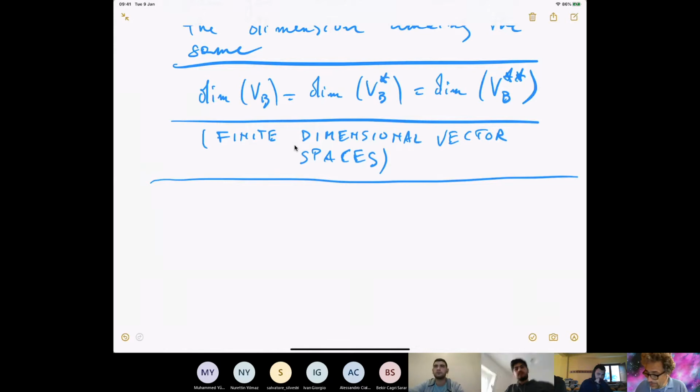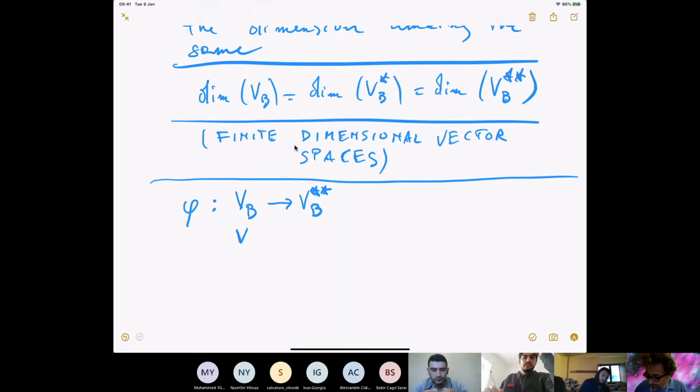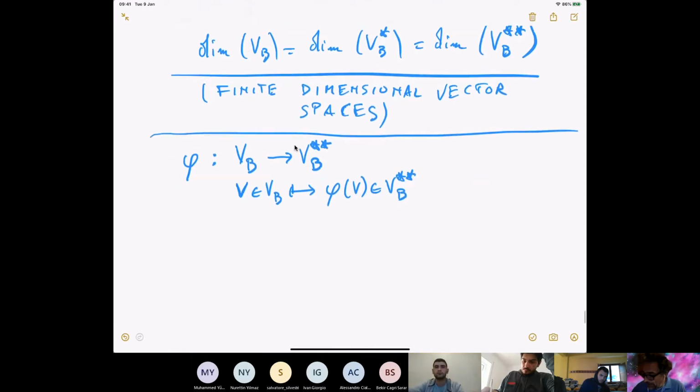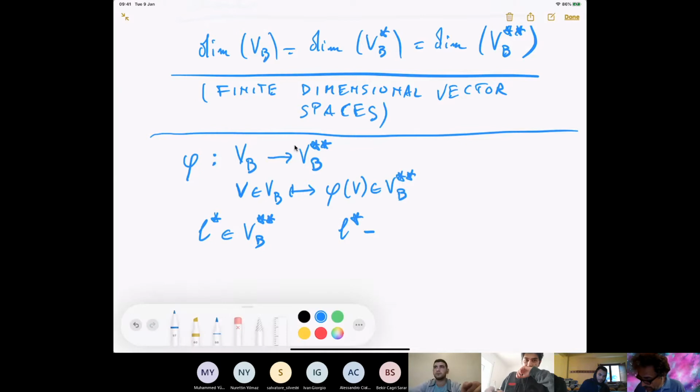Now, I consider the following phi, which is a map from VB into V star star B. Or if you like, I map a vector V in VB into a vector phi of V belonging to V star star B. So L star, an element of V star star B, is built in this way. Okay, maybe I am running too much.